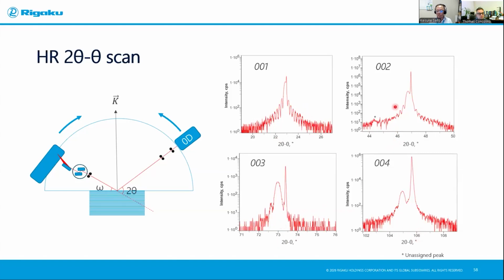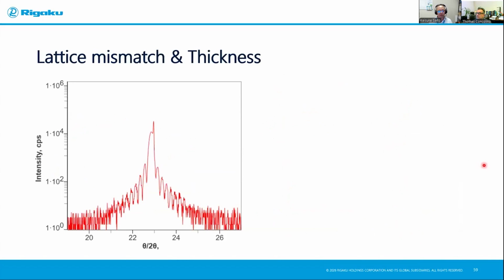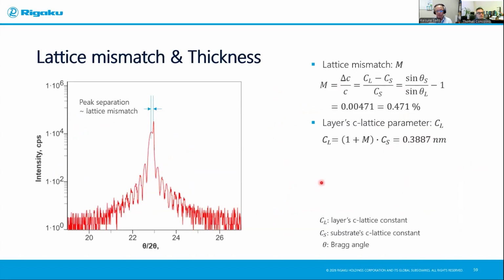We saw not only the layer diffraction peak, but also very beautiful thickness fringes like this. So let's focus on 001. From the peak separation, the substrate peak on the right-hand side and the layer peak on the left-hand side, we can calculate the so-called lattice mismatch.